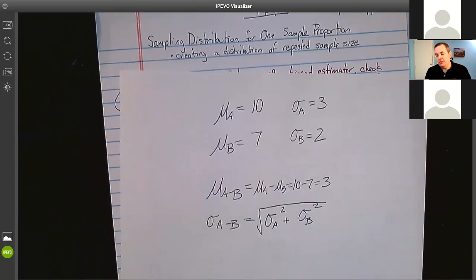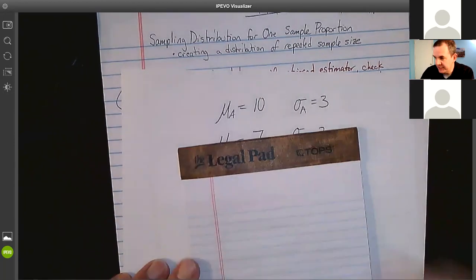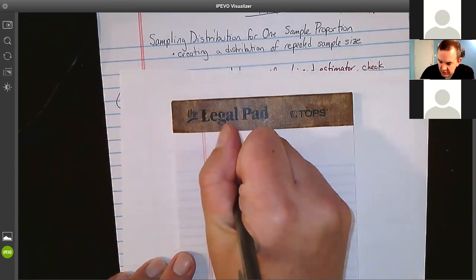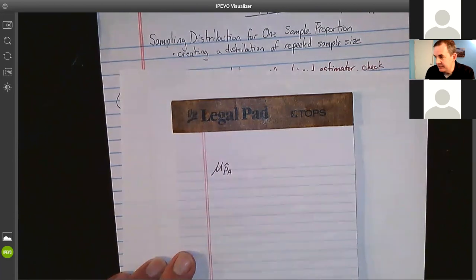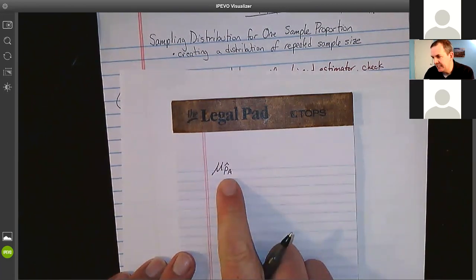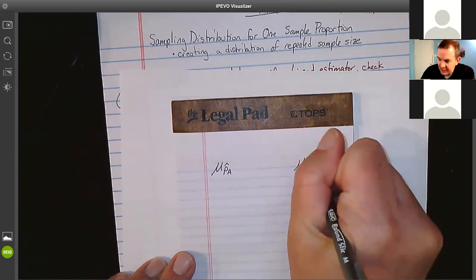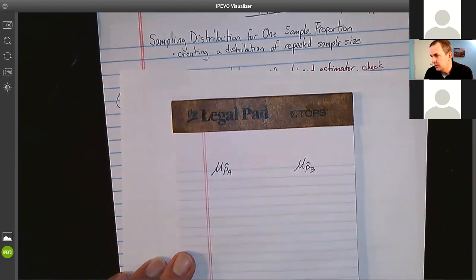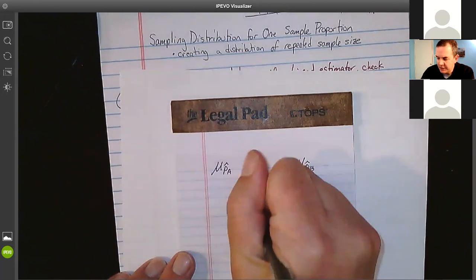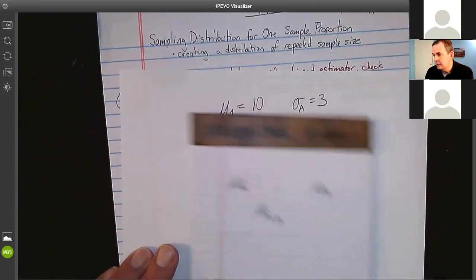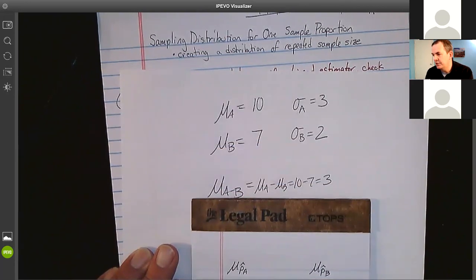What I'm going to tell you today is the following. We're going to have a sampling distribution with a mean of 1, and we're going to have the mean of a second one. And we're going to see what is the mean of A minus B. I'm telling you, it's the same rule that you just did here.